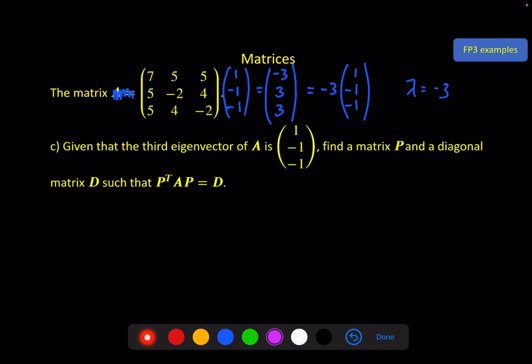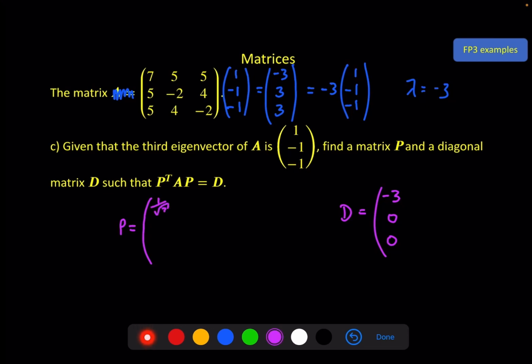From here, the final answer, D. I'm going to put this one first because it's on the screen. Minus 3, 0, 0. And P is the normalized eigenvectors. Don't forget to normalize them now. So 1 squared plus 1 squared plus 1 squared gives me a root 3 as the magnitude.